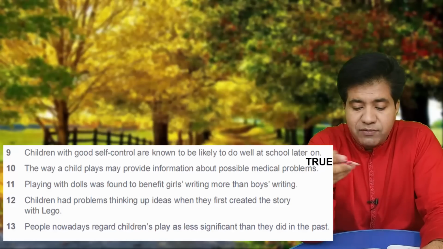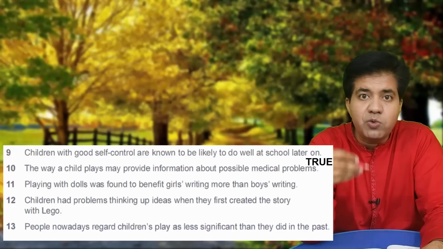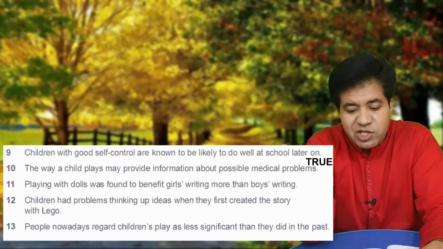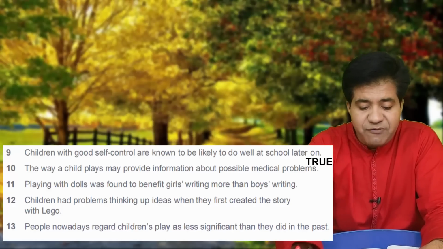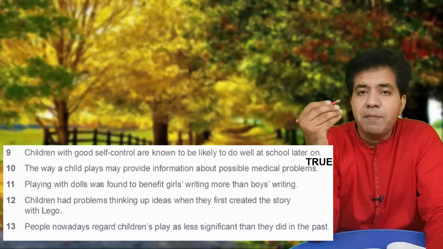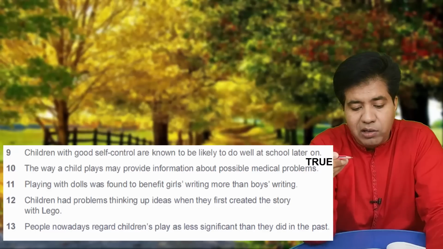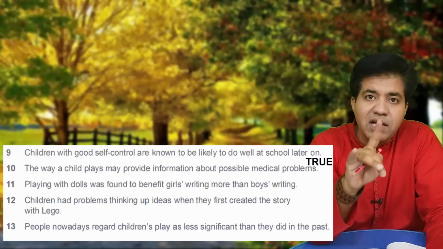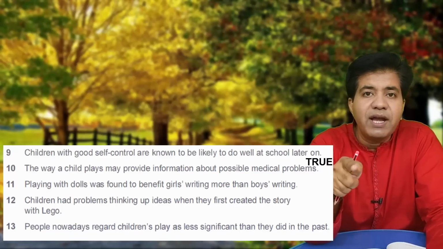Or they might use the word health issue, certain health problem, or they can just tell us that this disease. So the way a child plays may provide information about possible medical problems. Now remember, in true, false, not given also, once you find one answer, read ahead, you will find the next answer.